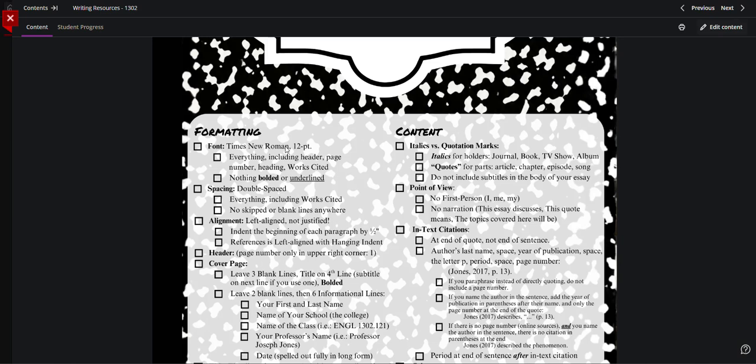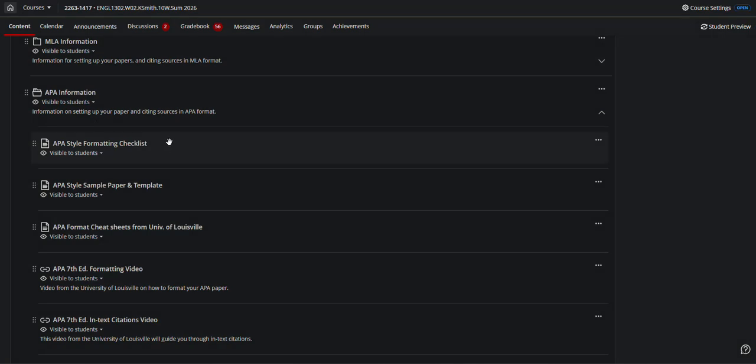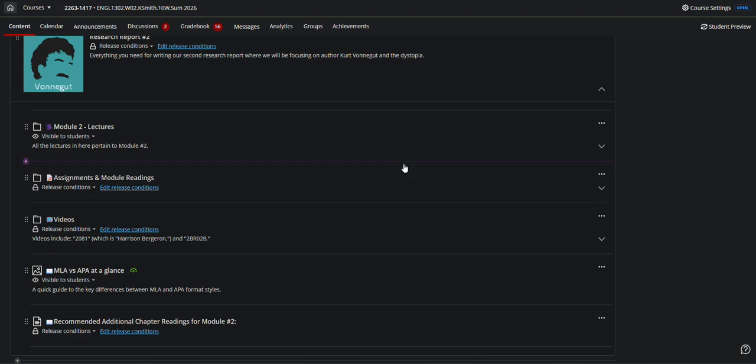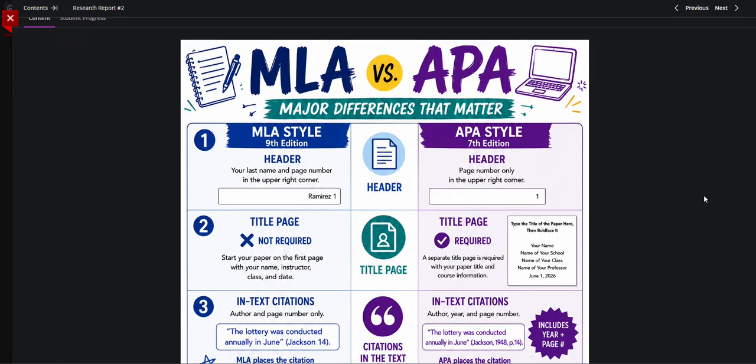Now that I'm looking at this, I'm not sure this is such a great use of this. Hold on. We'll see if we can find a different one. Okay, I found the difference, and I will change that before you get to see it. But here is the one I was actually looking for. So it's MLA versus APA, the major differences that matter. It's on our main page for this module, and I will put it in writing resources.